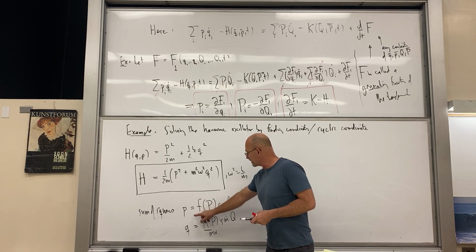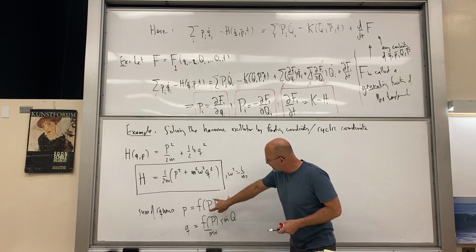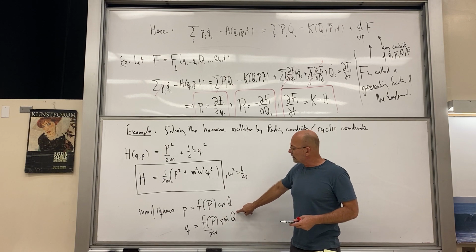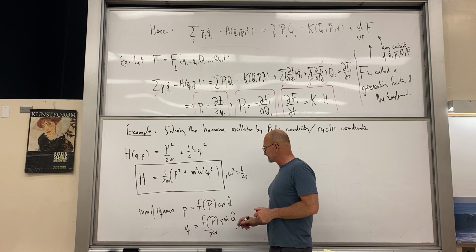So p squared plus m squared omega squared q squared would just give us f of p squared times cosine squared plus sine squared, which is equal to 1. So this is the ansatz for our transformation.